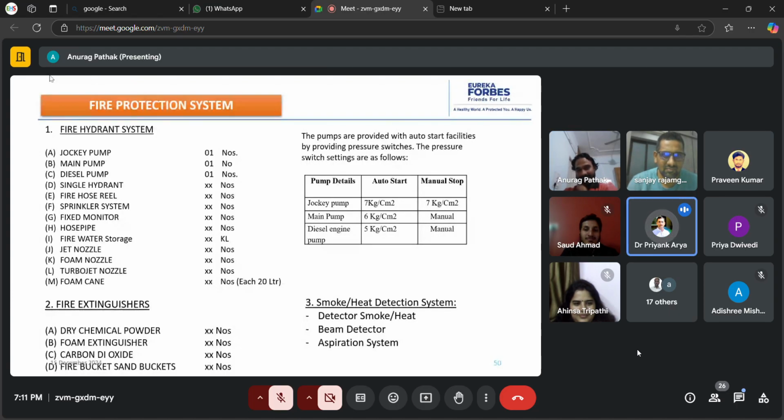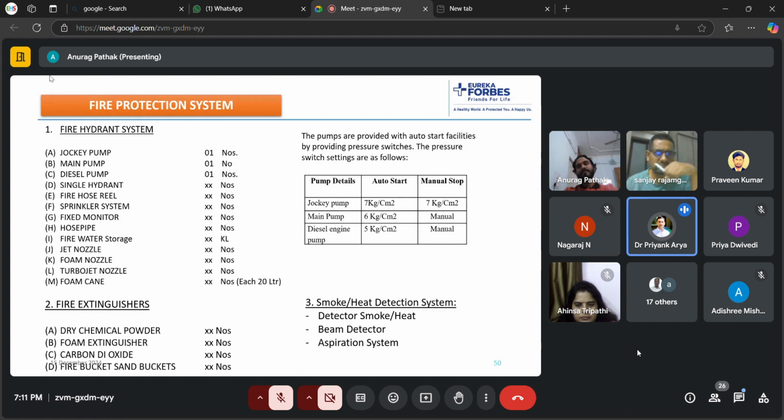So in any industry, active and passive fire protection. In any industry, there are many types of fire protection systems generally installed based on the hazard associated. But in general, we do a water-based protection system, and before that, we have to install smoke or heat detection systems.